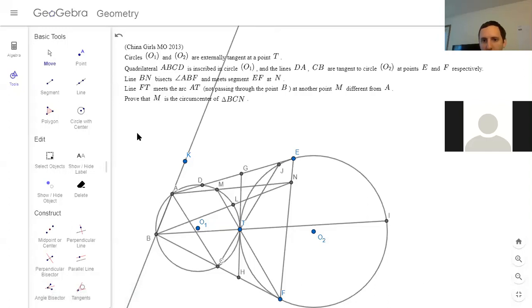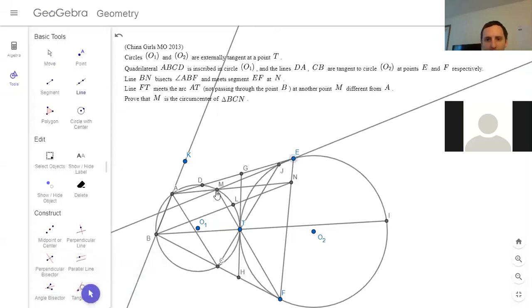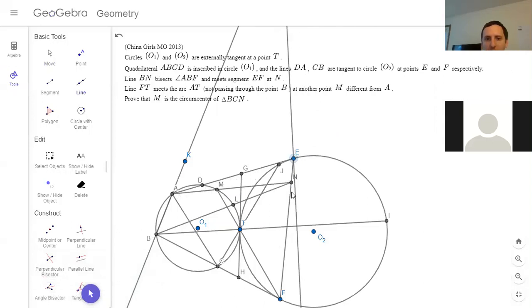Do you mean A, N, and M, or when you say E, N, and M are collinear? E, N, and F. Yeah, I think that's by definition, right? Because N is defined to be the intersection of this angle bisector with EF.